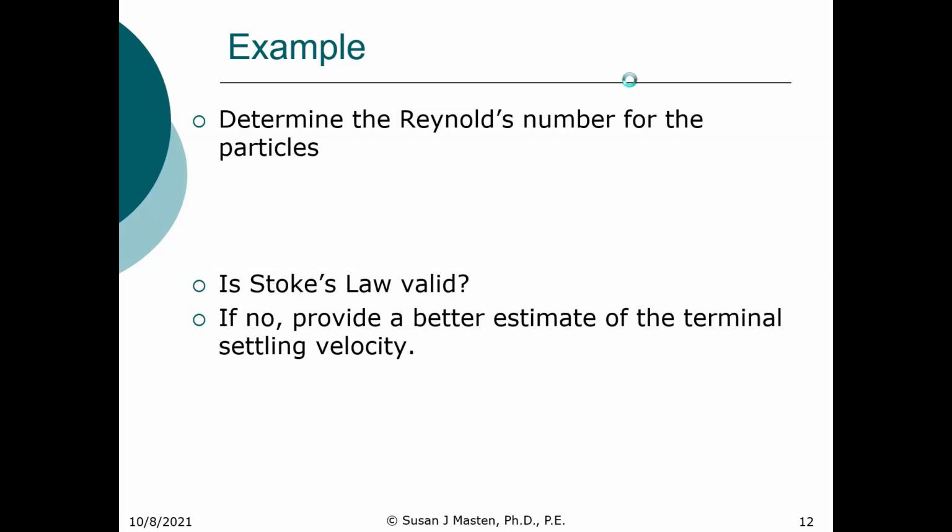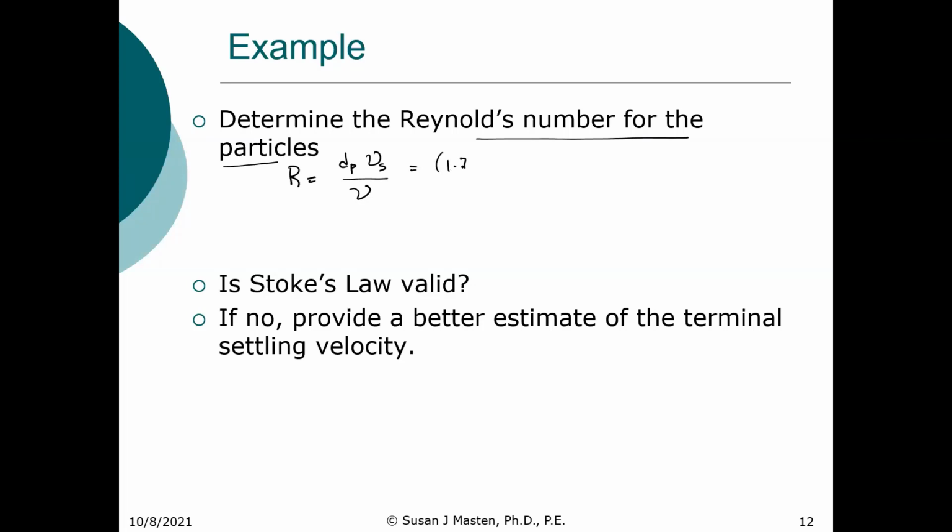So the first thing we need to do is to determine the Reynolds number for the particles, as you've noted. The Reynolds number is equal to the diameter of the particle times the settling velocity of the particles divided by the kinematic viscosity. So notice this is a Reynolds number for the particles, so it's for the settling of the particles.